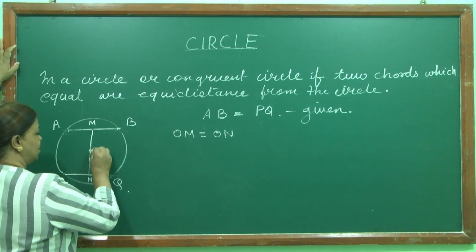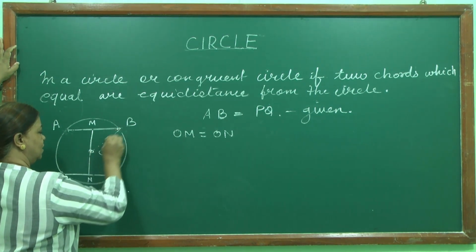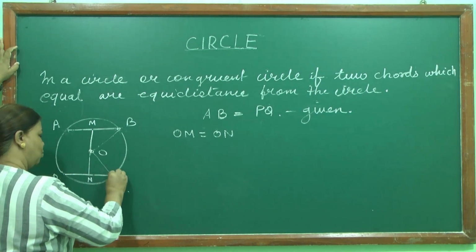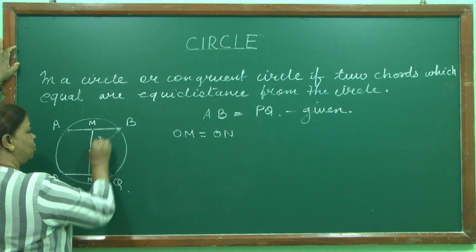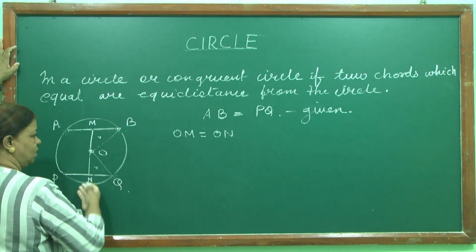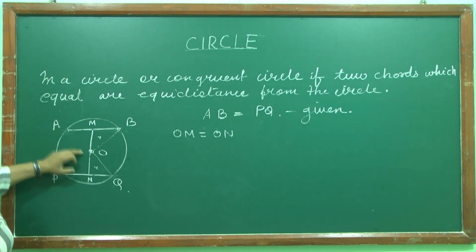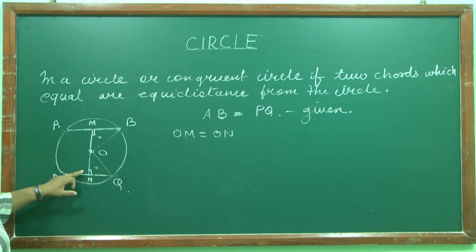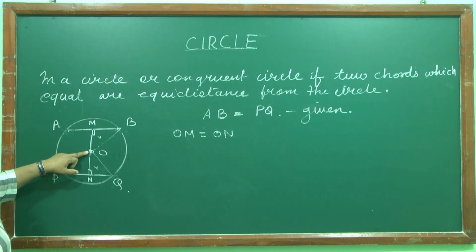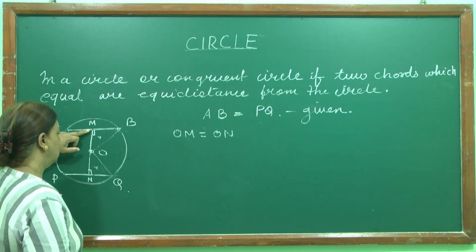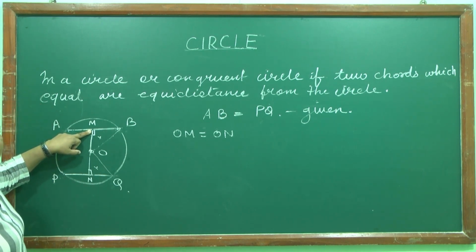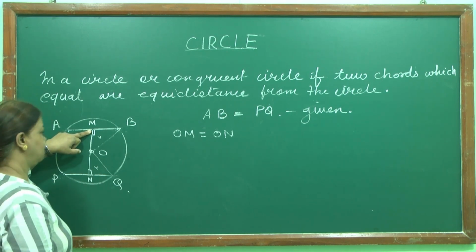Just for a revision, I have to join the lines OB and OQ. Now I need to prove these two triangles equal. Before this I have discussed with you that a line drawn from the center to the midpoint of the chord is perpendicular to the chord.